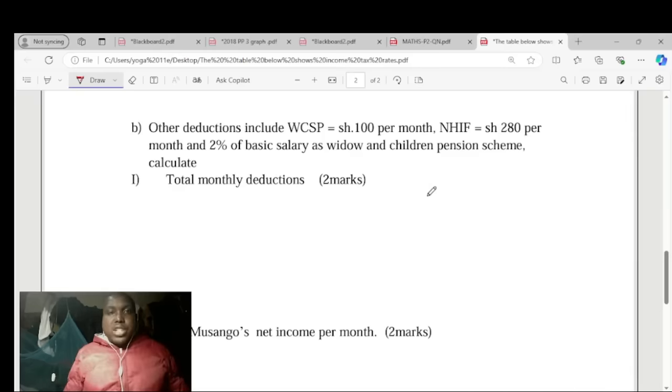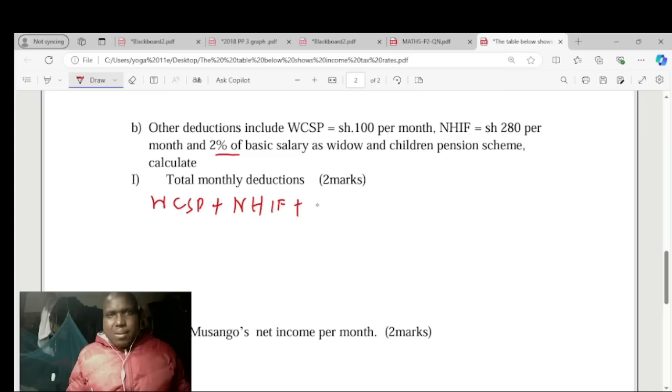Other reductions include WCPS, NHIF, and a monthly reduction of the basic salary. Calculate total deductions. So total deductions will be WCPS plus NHIF plus 2% of the basic salary, and then plus pay.